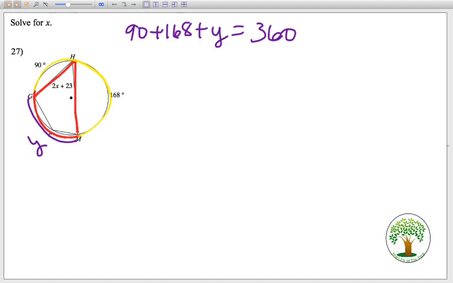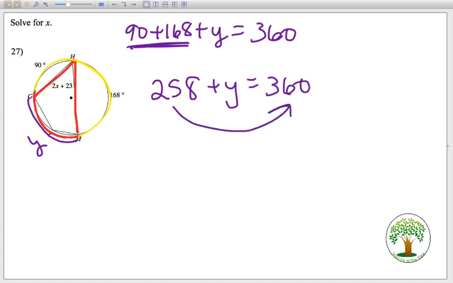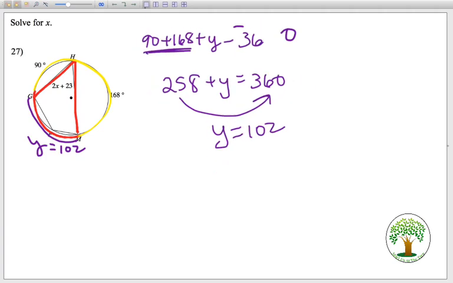Adding those together, we get 258 plus y equals 360. Subtract that to the other side, and you get y equals 102. Let's give ourselves some room here.